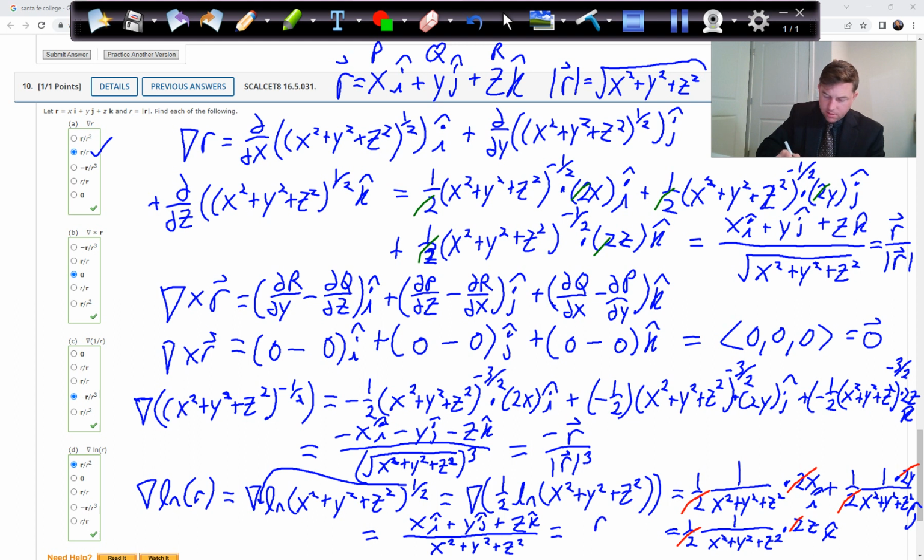Well, this on top is just r, and this looks exactly like the magnitude of r without the square root. So the magnitude of r without the square root is just the magnitude squared. So we get vector r over its magnitude squared. And we did that just by taking these partial derivatives of the various forms here and accounting for everything and simplifying. So that will complete Chapter 16, Section 5, Curl and Divergence.